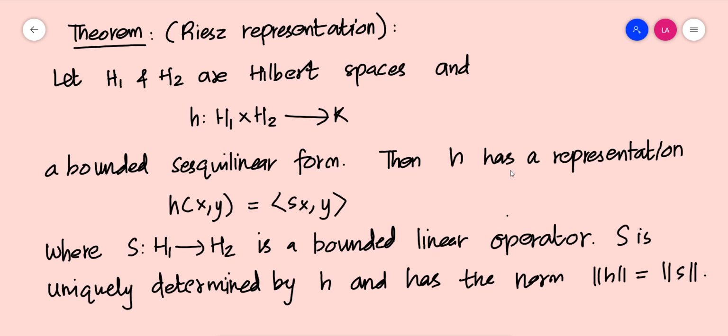Then this sesquilinear form has the representation h of x, y equal to the inner product of Sx, y, where S from H1 to H2 is a bounded linear operator, and S is uniquely determined by h and has the norm of h equal to the norm of S. So if you define an arbitrary bounded sesquilinear form small h from H1 cross H2 to K, it can be uniquely represented by h of x, y equal to the inner product of Sx, y, where S is a bounded linear operator uniquely characterized by h, and S and h have the same norm.